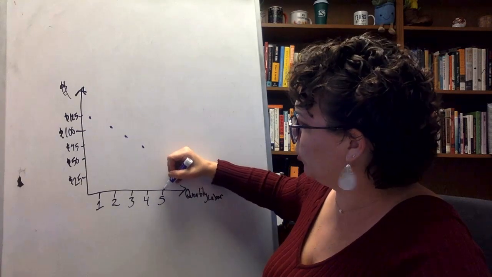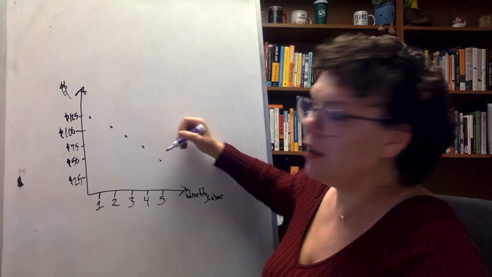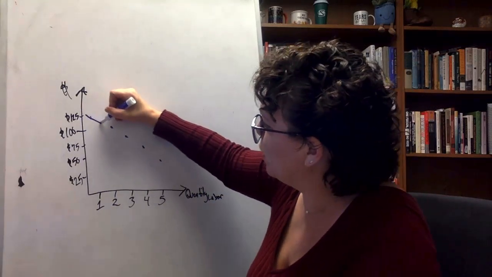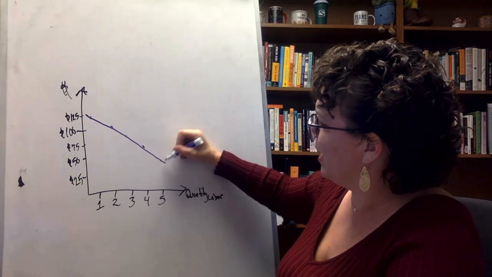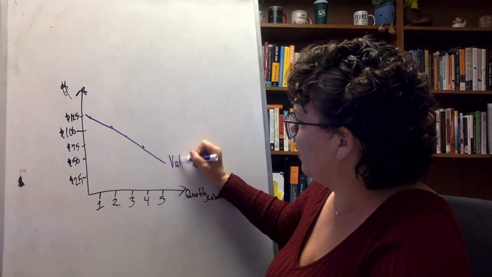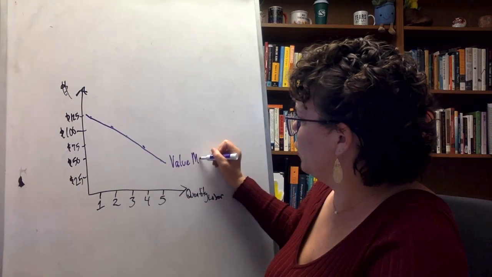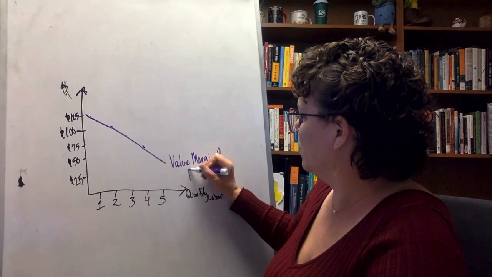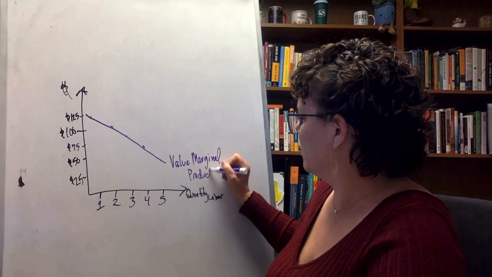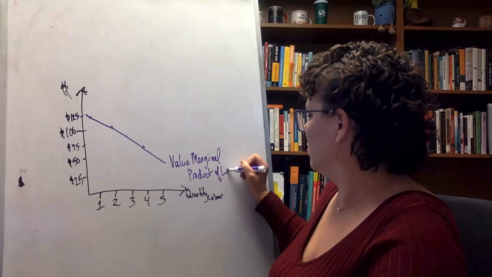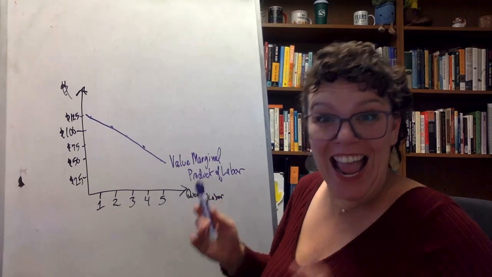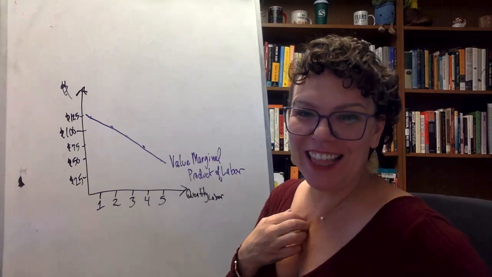And our fifth worker produced $40. If we connect these dots, we can go ahead and run it into the axis if you want. You don't have to. That's our value marginal product of labor curve. Cool? Yay! So that's a great thing we've got there.